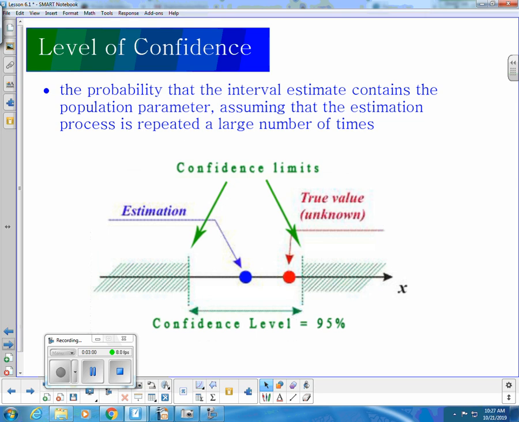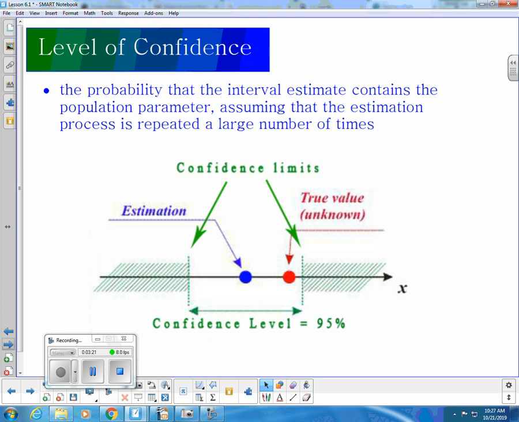So the level of confidence is the probability that the interval estimate contains the population parameter, whether it's mean or standard deviation or variance, whatever you're talking about, assuming that the estimation process is repeated a large number of times. So again, this is your true value you're estimating.